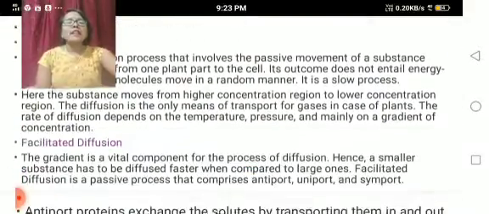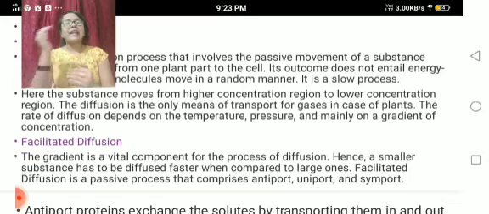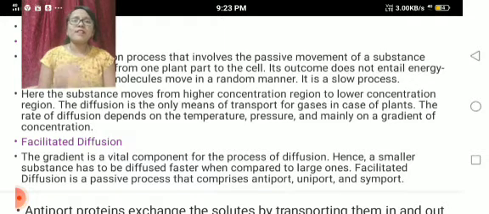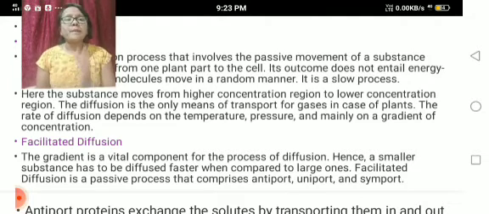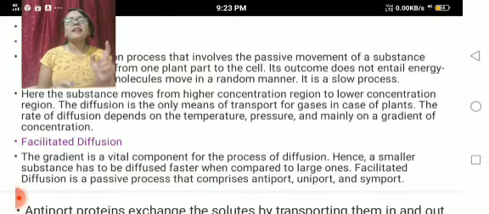In this also, the substances move from a region of higher concentration to a region of lower concentration. Diffusion is the only means of transport of gases in plants. The rate of diffusion depends on temperature, pressure, and mainly on the gradient of concentration.